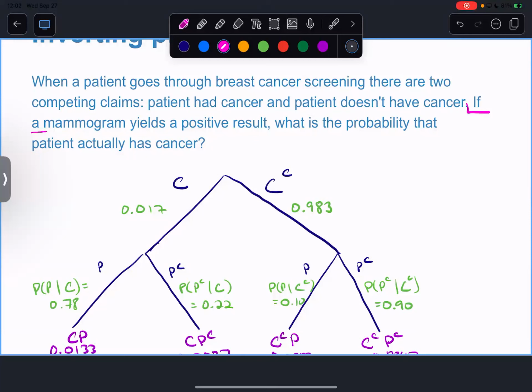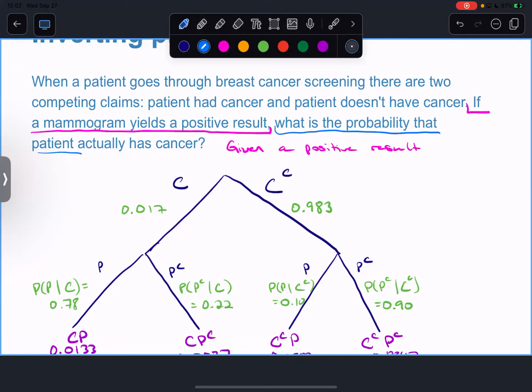So here, given a positive result, what is the probability? Find the probability of cancer.